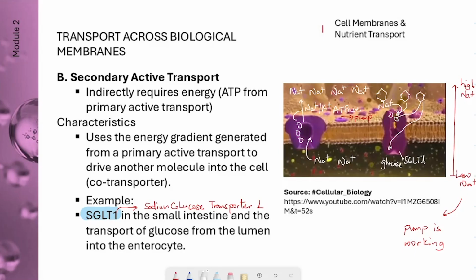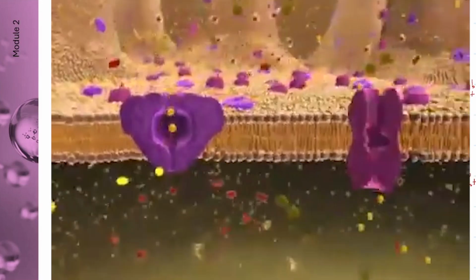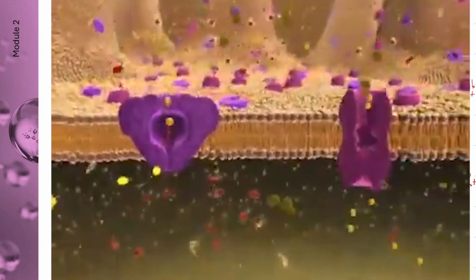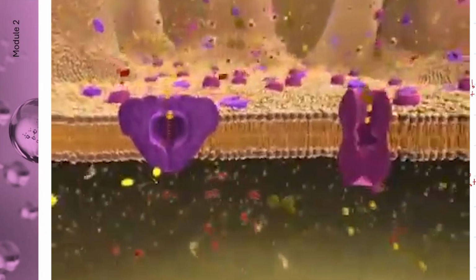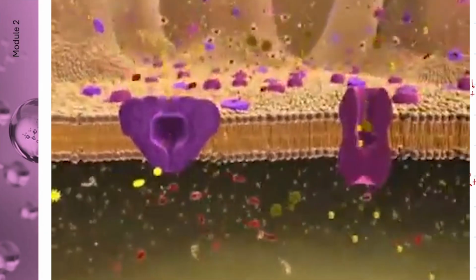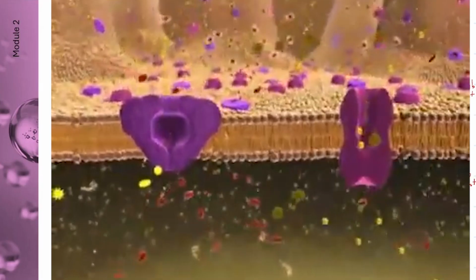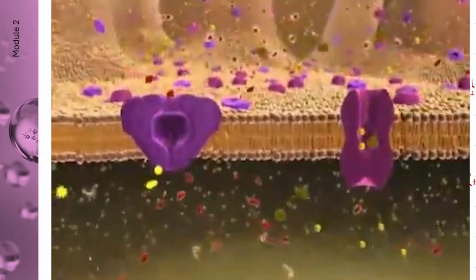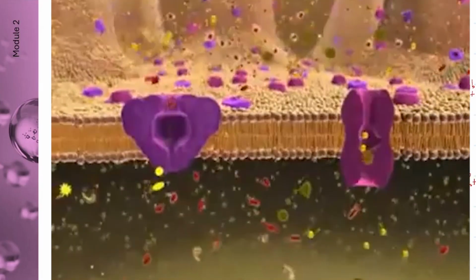So this is the reason why, technically speaking, we call it co-transport, because it doesn't require ATP directly, but the ATP that it uses is the ATP from the sodium potassium ATPase.